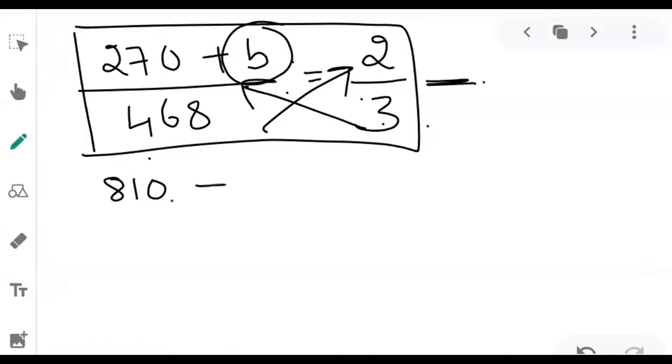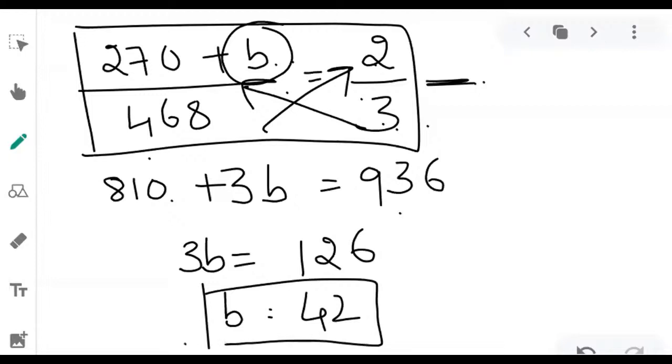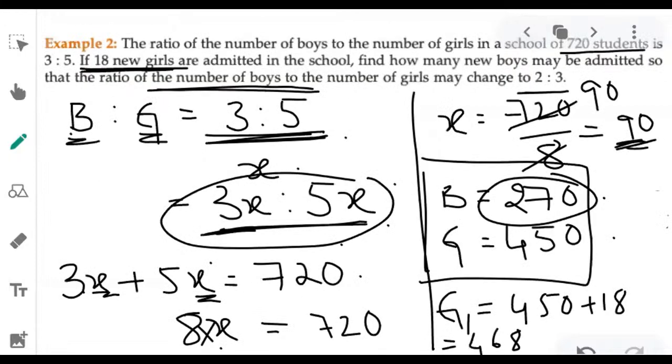Three 270s, 810 plus 3b is equal to 2 into 468. B equal to 42, ma'am. B equal to 42.